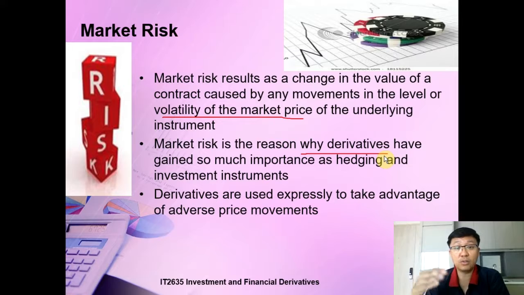Okay, so that's when you try to hedge against some of this adverse price movement that can happen, right? The adverse price movement. So that's where people will try to use derivatives as a way to offset, okay, the risk that they have.